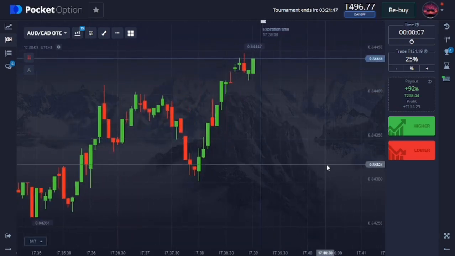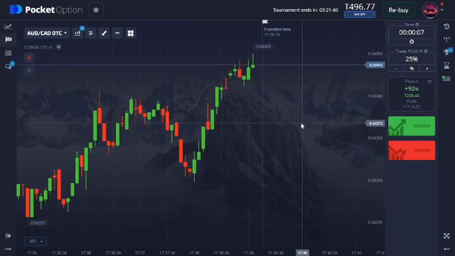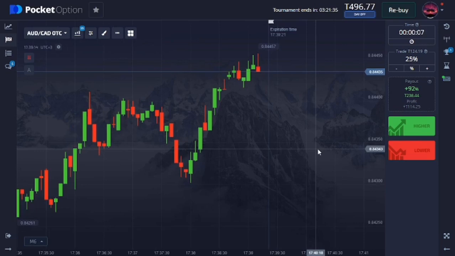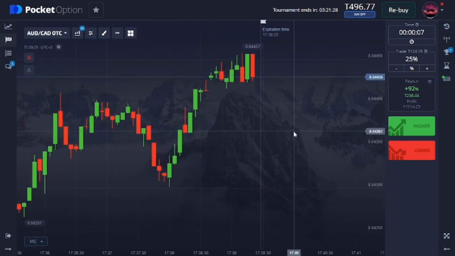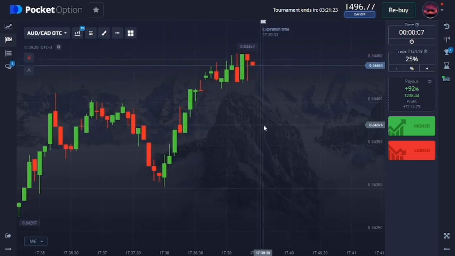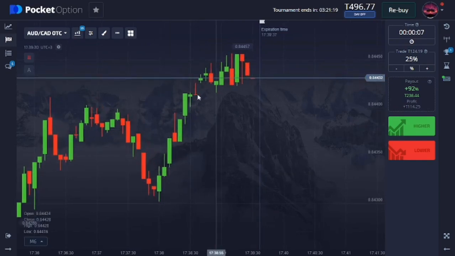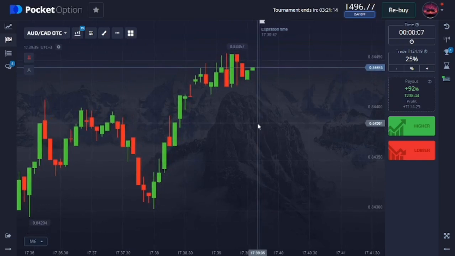Let's enter a trade and then we'll see what will happen. After all, we have a backup plan, right? I will enter a trade against the trend. That's not a good idea, but this thing is one-sided, so it has to be balanced by some kind of pullback or retracement.